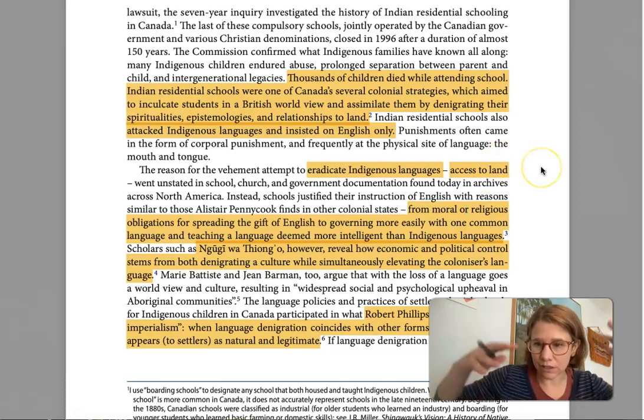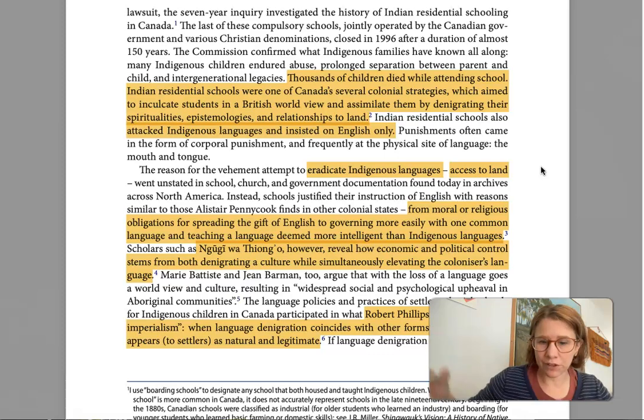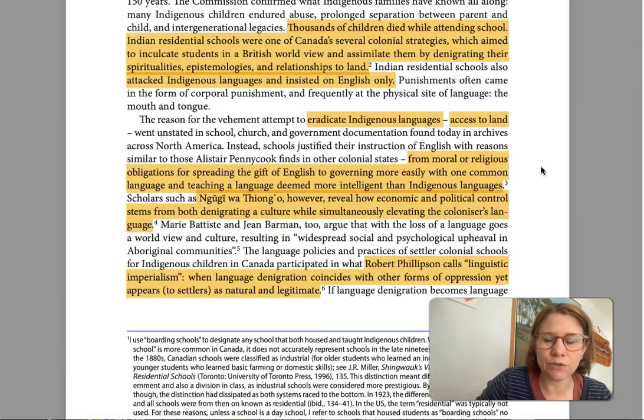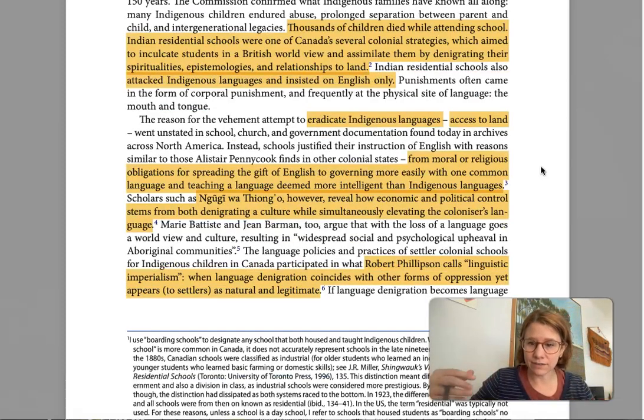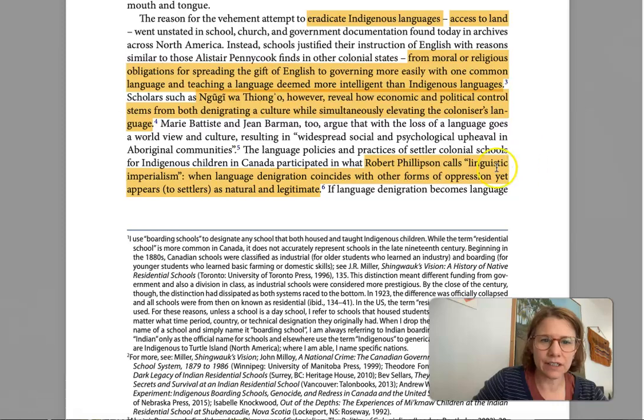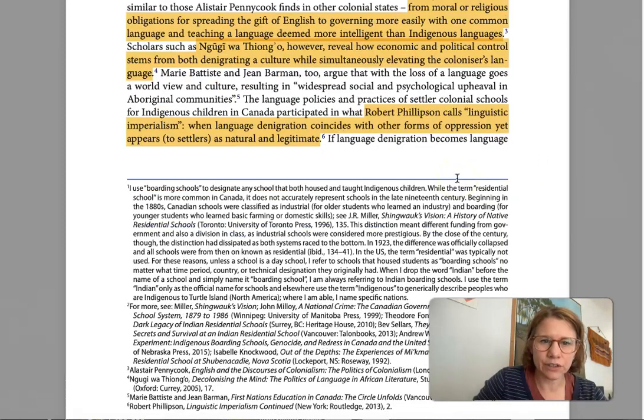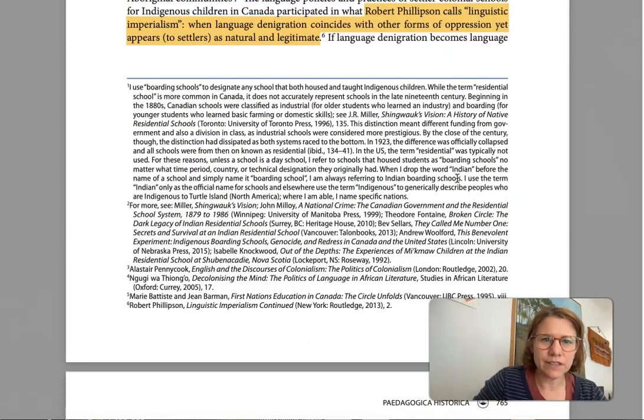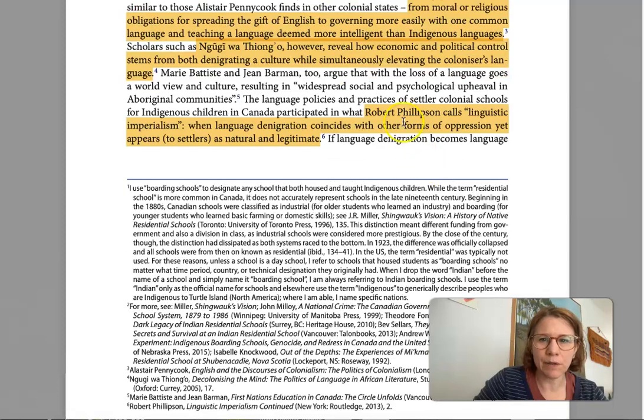So it was also this larger colonial imperial expansion that residential schools are embedded in, that master plan of the colonial settlers.